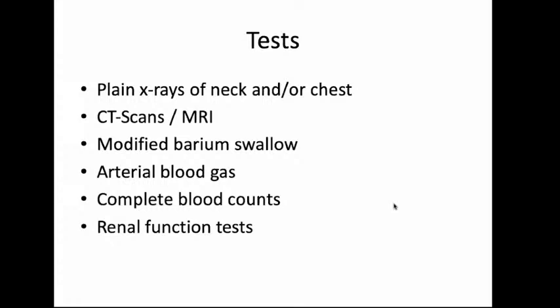If it's related to maybe swallowing, you may want to do a barium swallow or a modified barium swallow. And you want to check the arterial blood gases just to know how severe the situation is and how to intervene. Do complete blood counts and renal function tests, because these are patients you may be thinking of taking to theater for one reason or other.